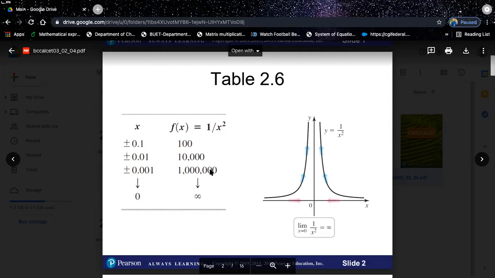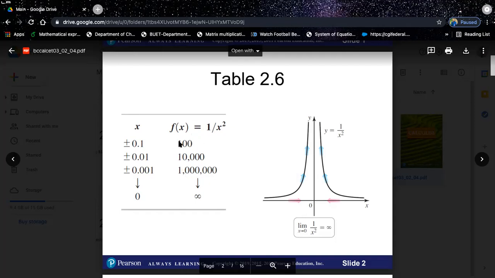That means it's going towards infinity from either side, because we have a squared function here. I mean, we have an even function. That means even if you take a negative value of x, the square will make it positive. So that's why you can see we don't have anything negative here, right?